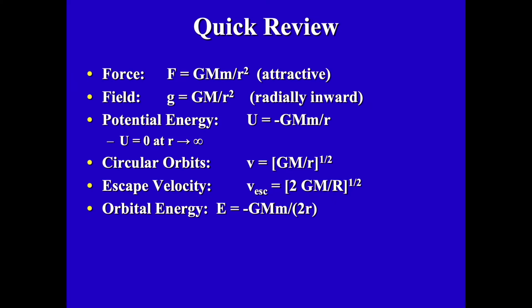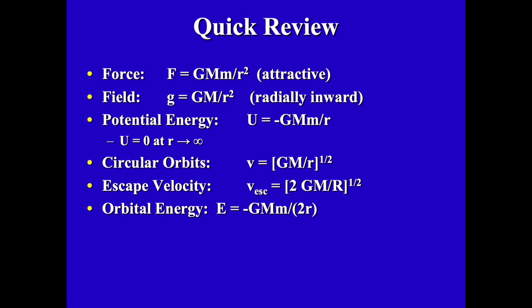The orbital energy, whether the object is really going in a circle or, for example, in an elliptical orbit, can be written as minus big G times the product of the two masses divided by 2r. You should use this equation as a reference to see whether you're solving the problem right.